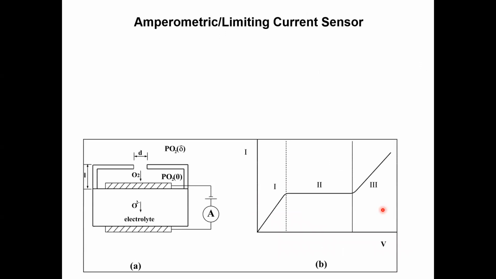The other type is the so-called amperometric or limiting current type sensor. Remember, in the type 1 oxygen sensor, the signal is proportional to the logarithm of the PO2 ratio.